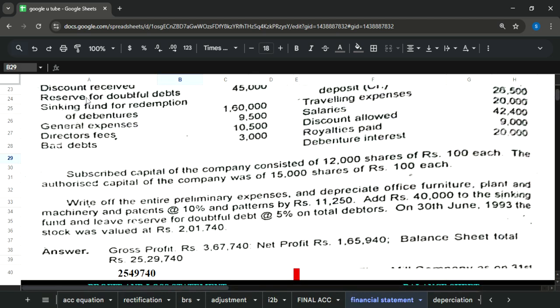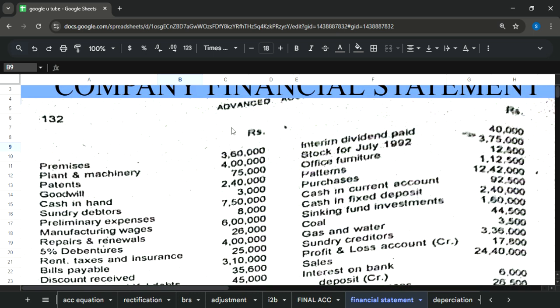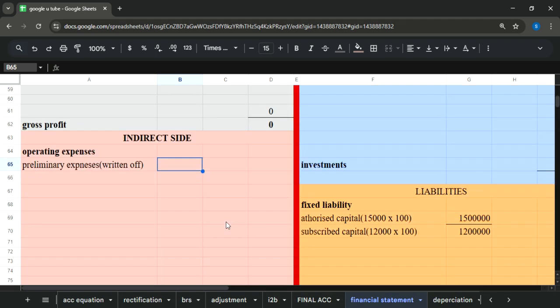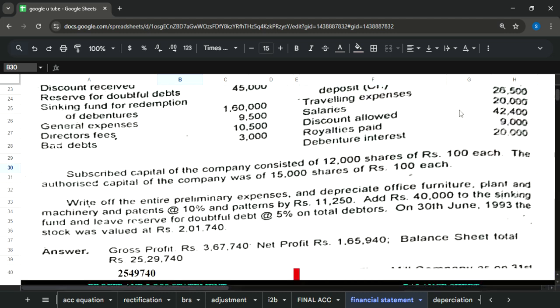We will see how much the amount of preliminary expenses is from here. We have got preliminary expenses of 8,000, so the whole amount would be written on the expense side and nothing will go to any other side because it is already mentioned.